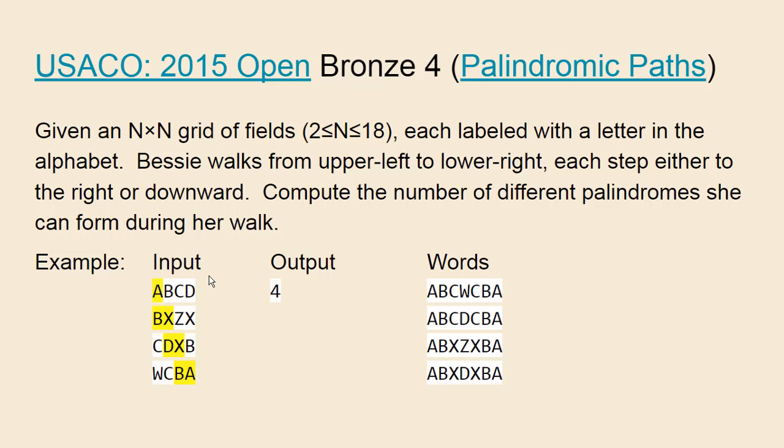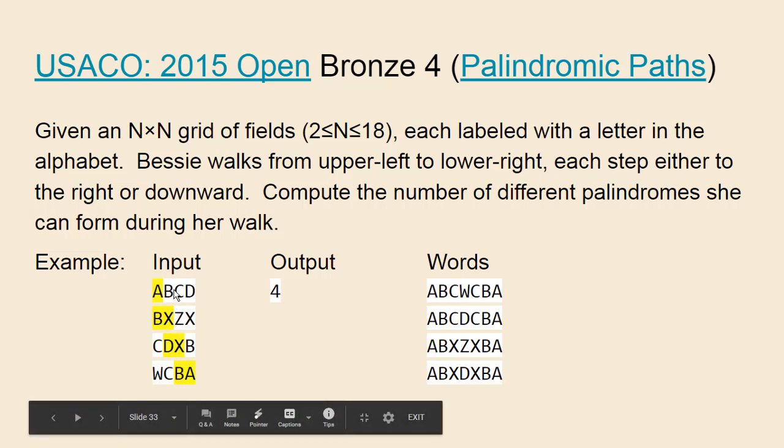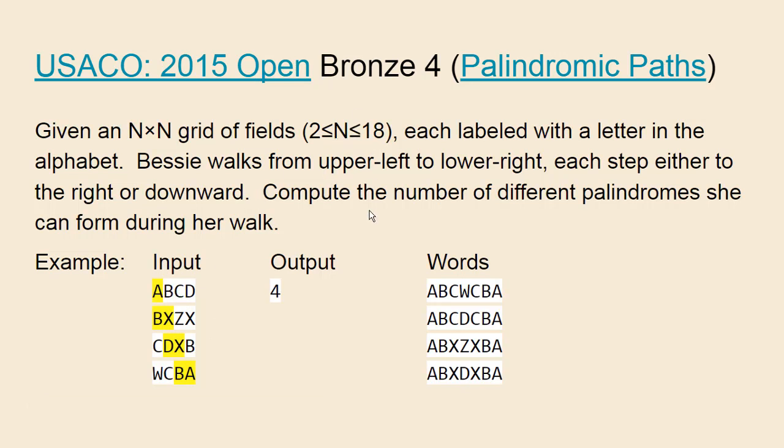Then the other 3 positions have to be down moves. So 6 choose 3 for this input. More generally, it's going to be 2 times (n minus 1) choose n minus 1, because there are n minus 1 moves to the right and n minus 1 down moves. And for n equals 18, that's going to be a number that is too big.